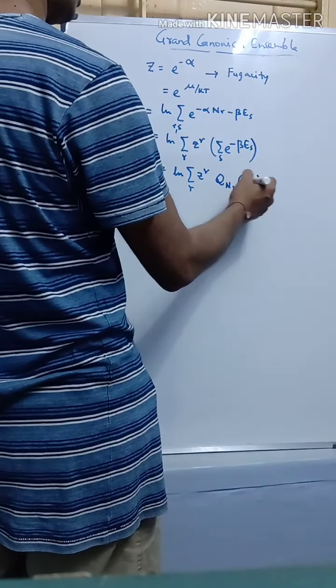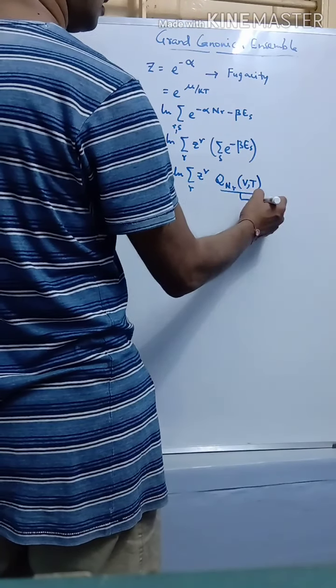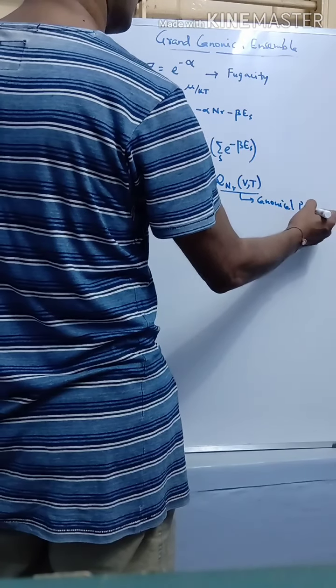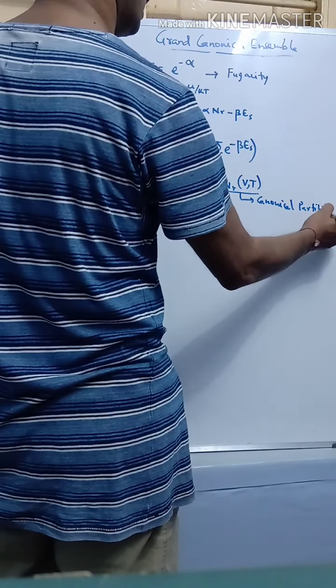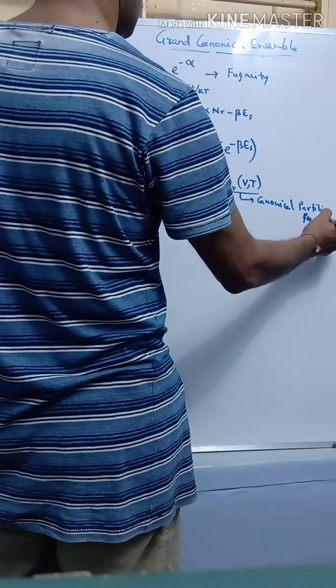So this part can be called the canonical partition function, as we had already defined.